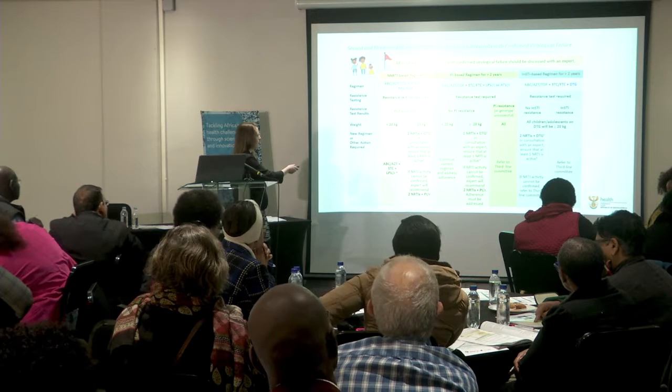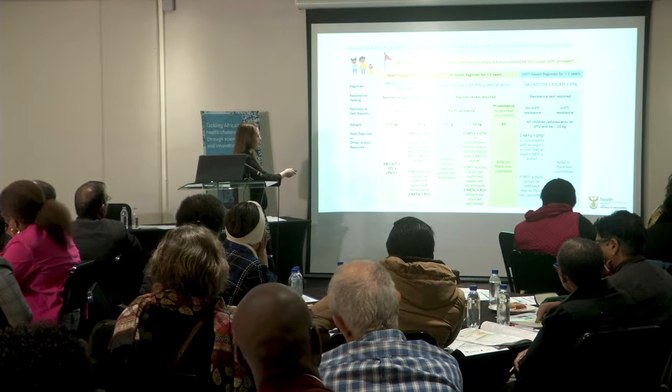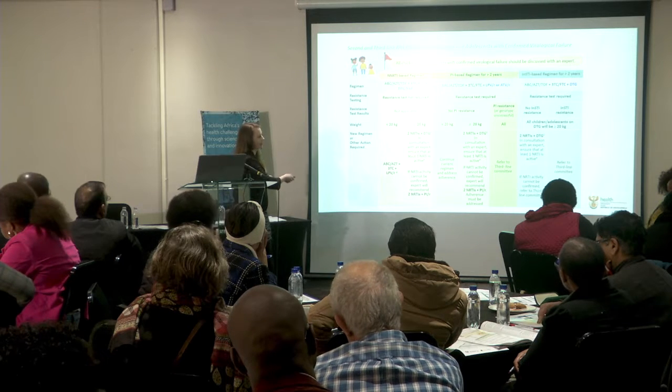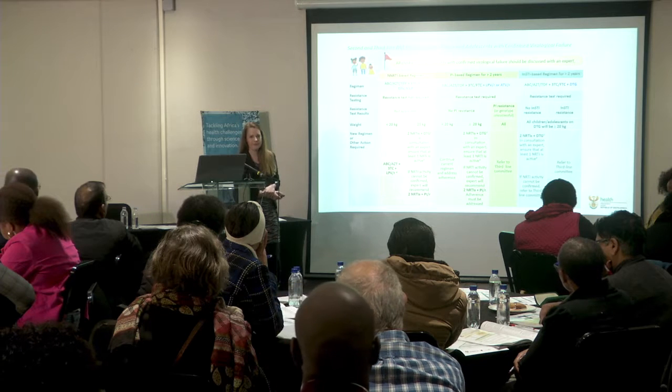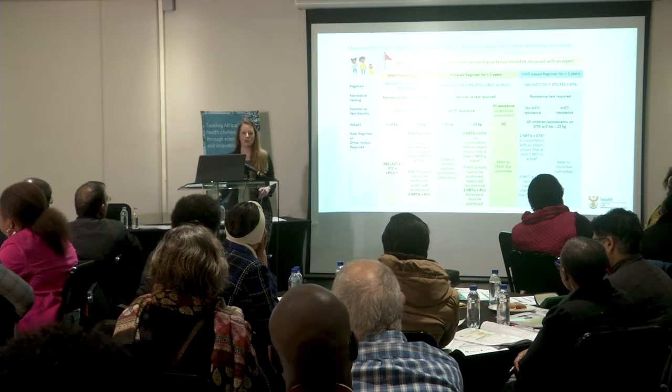If they're over 20 kgs, we can change them to dolutegravir and 2 NRTIs, but in consultation with an expert, because we need to ensure that at least one NRTI is active. If NRTI activity cannot be confirmed, the expert will recommend 2 NRTIs and a PI, because that's the safer option, because we don't want to give dolutegravir and 2 inactive NRTIs. Okay, so does that kind of solidify where you were thinking for the adults? It's just that we've put it into words for the children, because we care about them more.